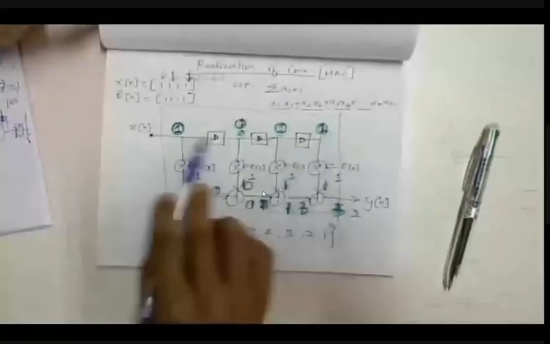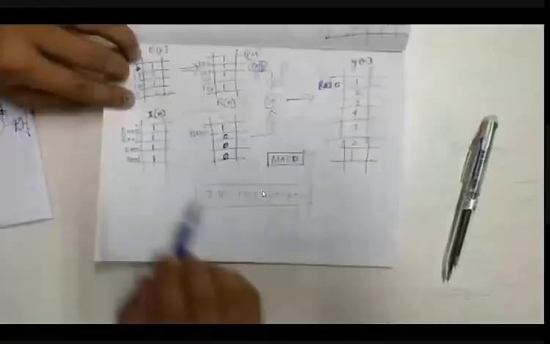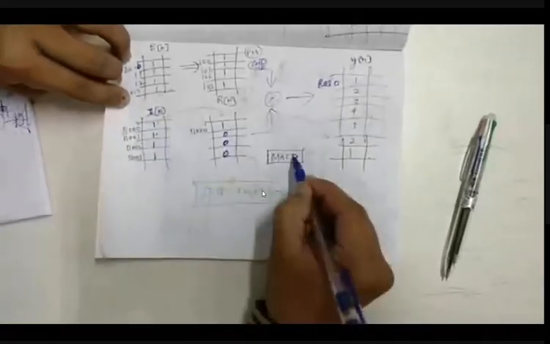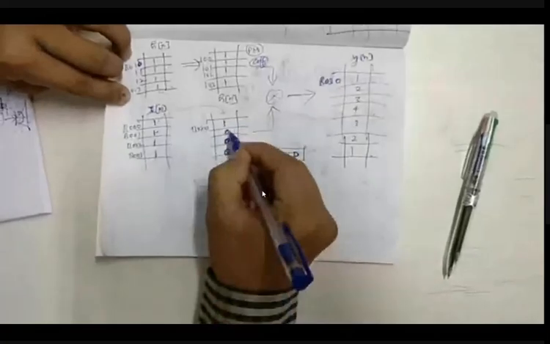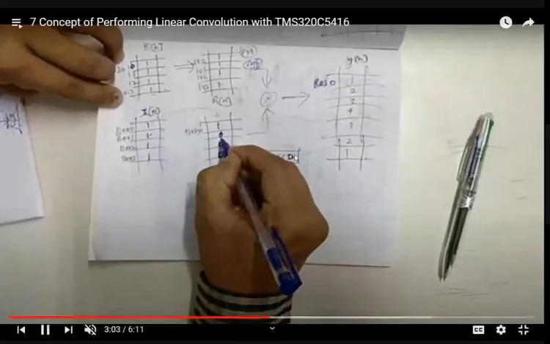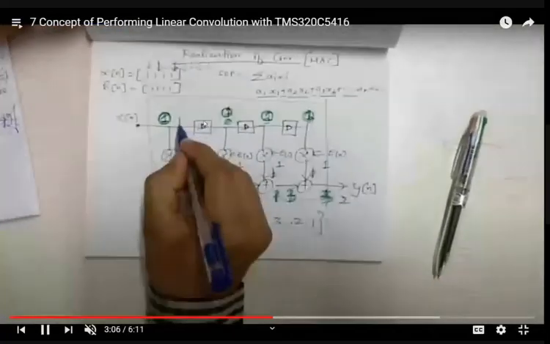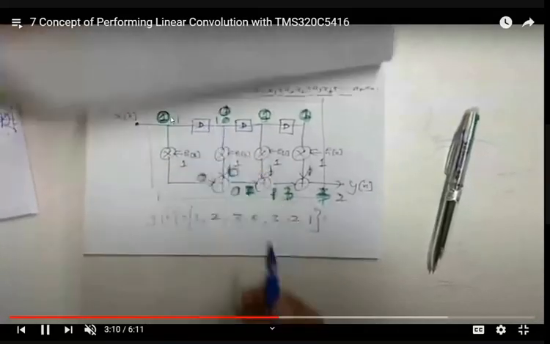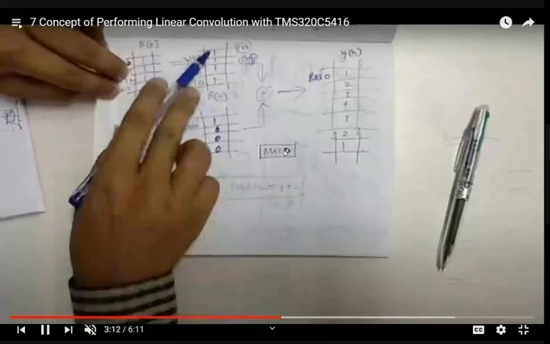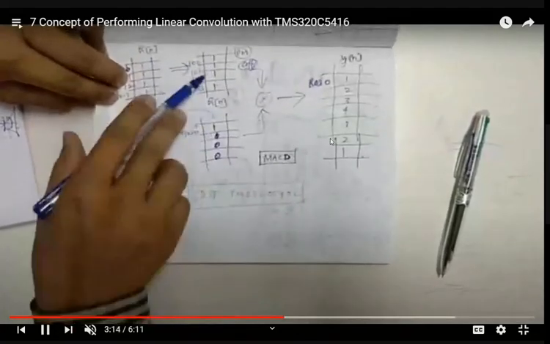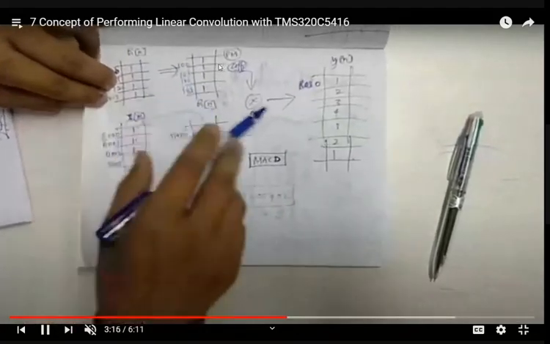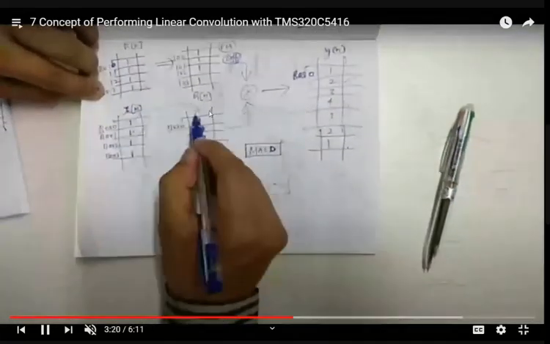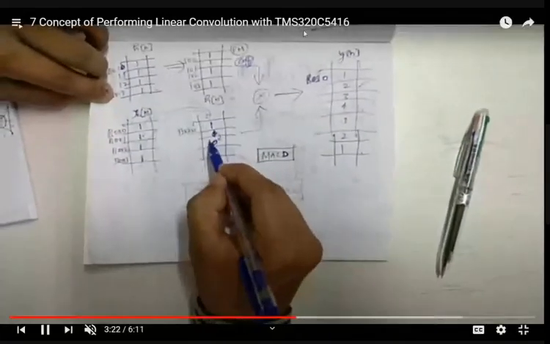Looking at this video will help us understand how to store x of n, how to store h of n, and how it performs the convolution by using MACD. MAC and D, delay, means after multiplication and accumulation, because of this delay instruction, the data will be shifted, which was explained very clearly in the video on the concept of performing linear convolution with TMS3205416.